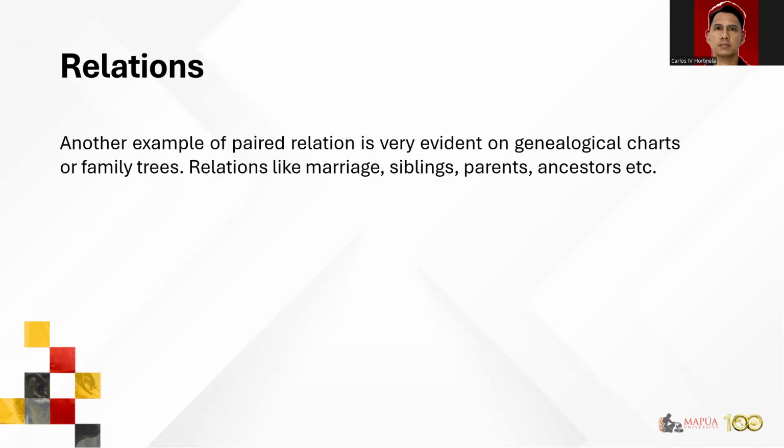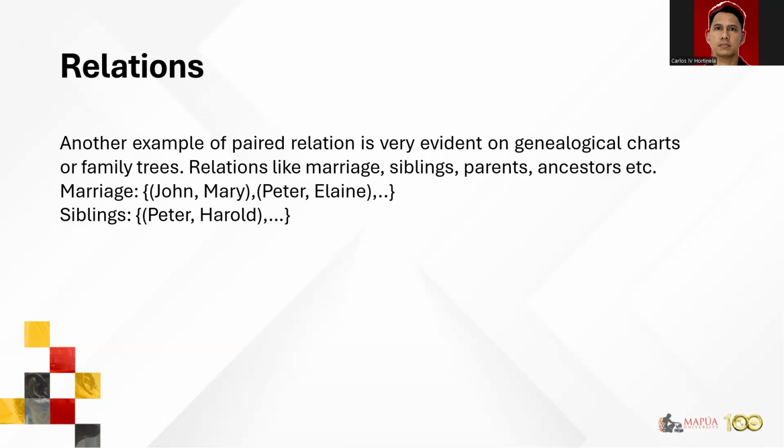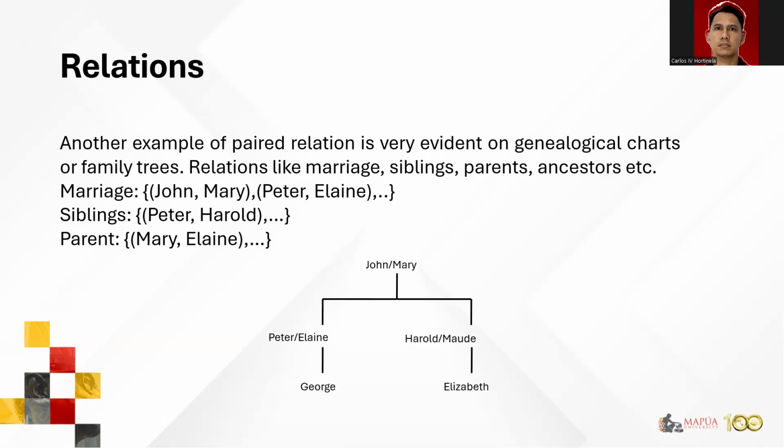Another very good example of your relation can actually be seen on genealogical charts, or what you call family tree. So on this given family tree, you could see examples like grouping names of people having what?